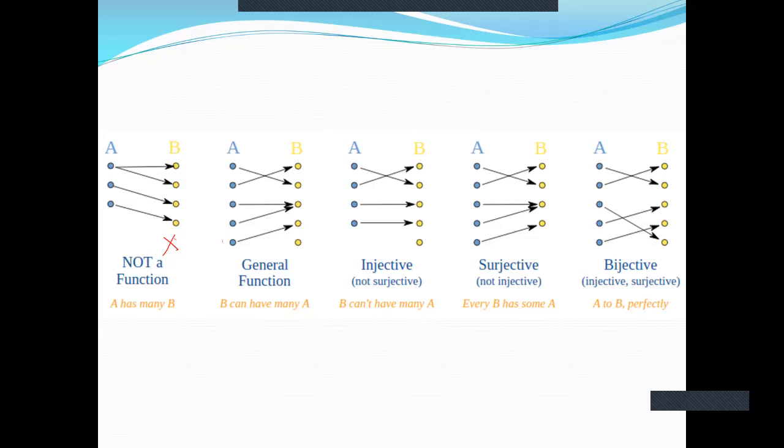For example, this one has multiple pre-images, no problem, but at least it has a pre-image. And this is the definition of the bijective function, where this is one-to-one as well as onto, with no element left. So in this diagram, you can clearly understand the difference between what is a function, what is not a function, what is an injective function, a surjective function, and a bijective function. All right.